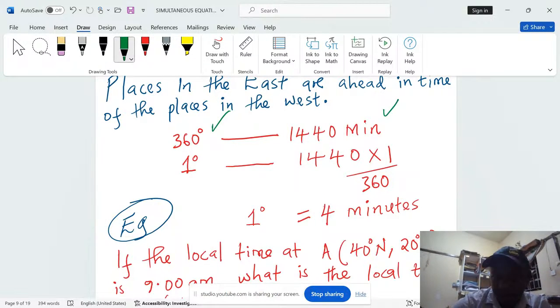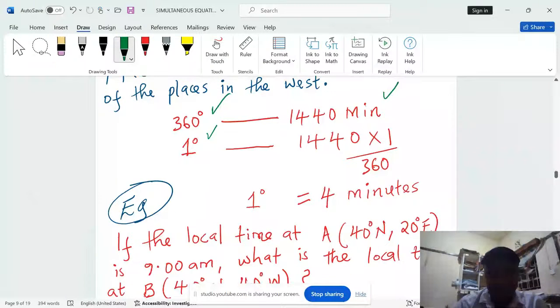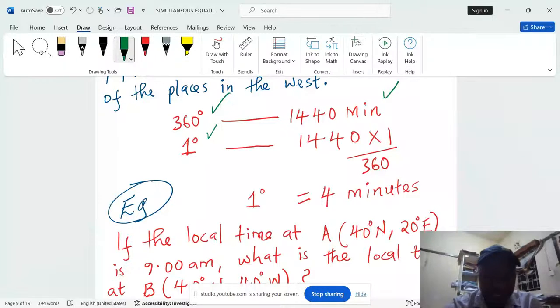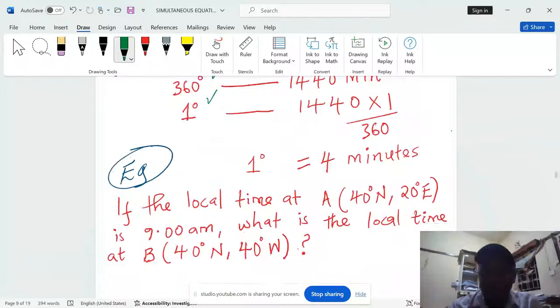What about a rotation of just 1 degree longitude? If the whole globe of 360 degrees is rotated through 1440 minutes, then 1 degree is rotated through 1440 divided by 360, and that gives us that a longitude difference of 1 degree requires 4 minutes.